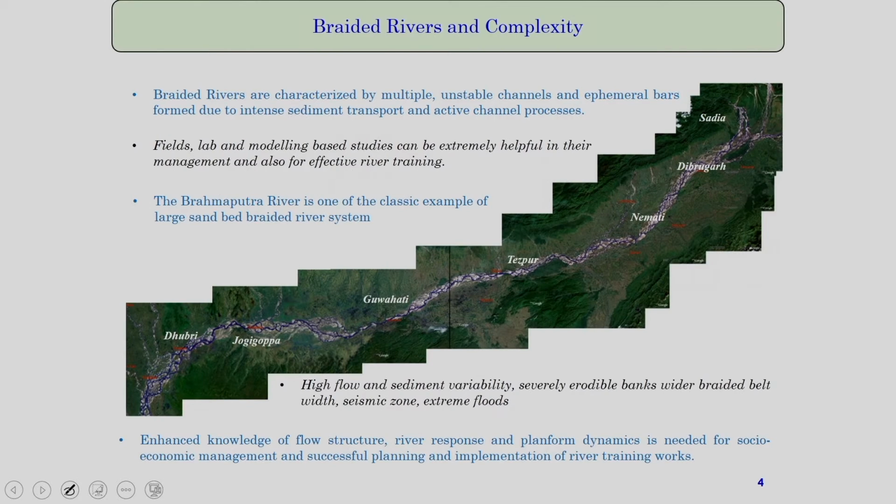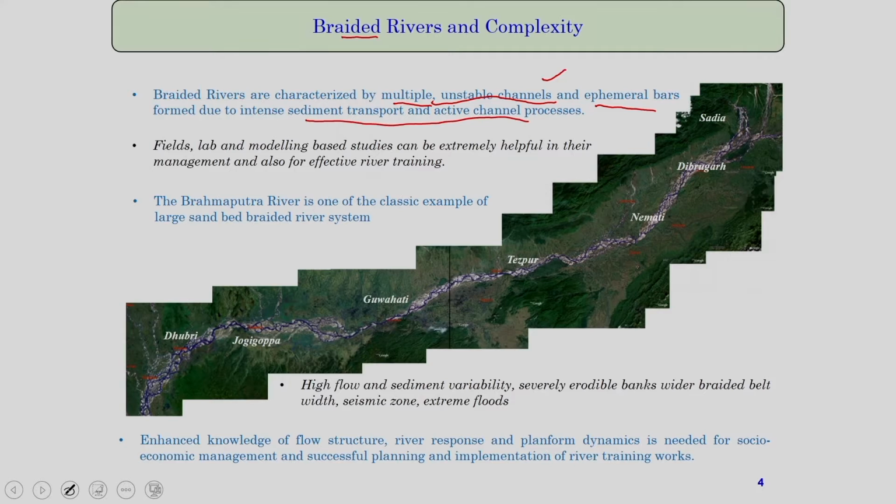Let us come back to the scale problems. We may have awareness about the Brahmaputra river. This is what we call a braided river system because of multiple unstable channels. In between there is a series of bars or islands, and there is intense sediment transport and active channel processes.